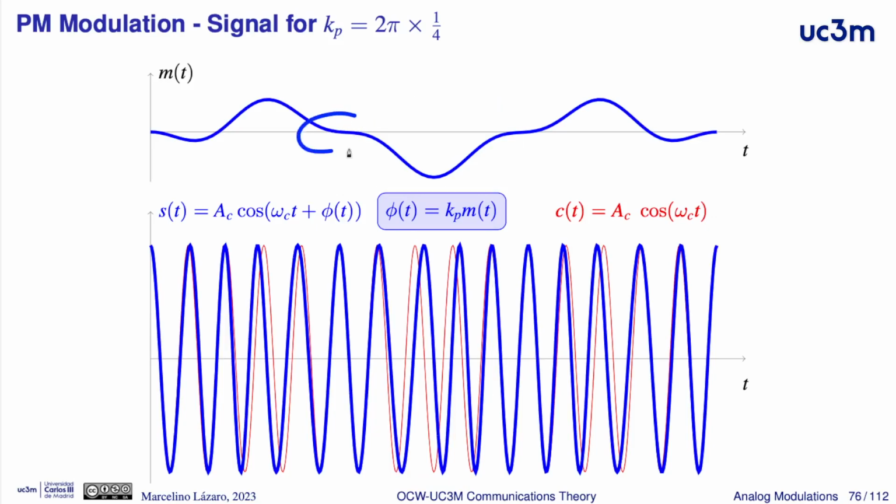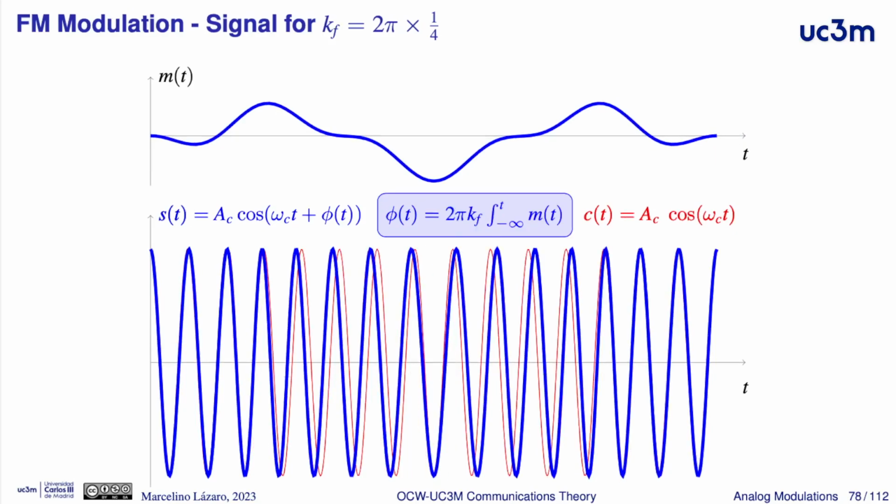Obviously, when m of t is 0 or very close to 0, we can see that there is no difference between the carrier and the modulated signal. Summarizing, the modulated signal is ahead or behind of the carrier depending on the sign of the modulating signal. Positive sign means that the modulated signal is ahead of the carrier. Negative sign means that the modulated signal is behind the carrier.